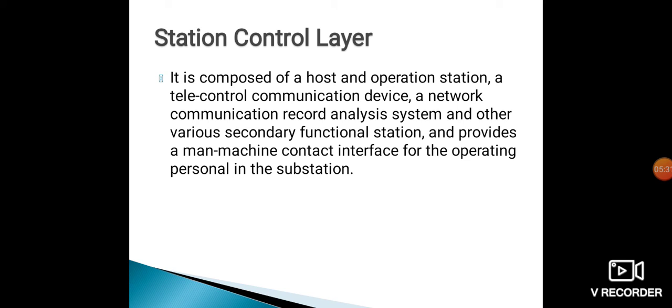The station control layer realizes the monitoring, control, alarming, and information exchange of the entire station, including the bay layer equipment and the process level equipment, and collects and manages the related electrical quantity parameters, protection signals, and operation information. That means this layer senses, monitors, controls, gives alarm signals, and exchanges information with the bay layer as well as the process layer.